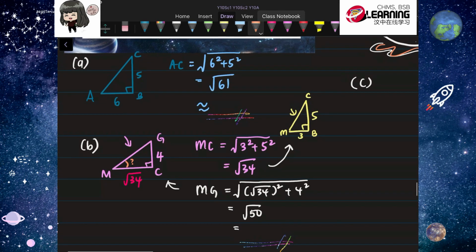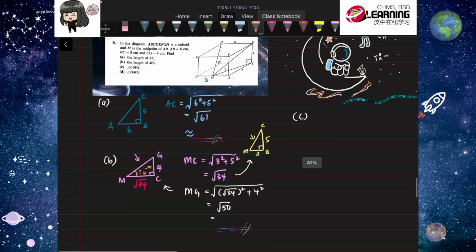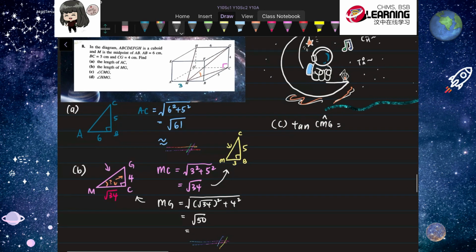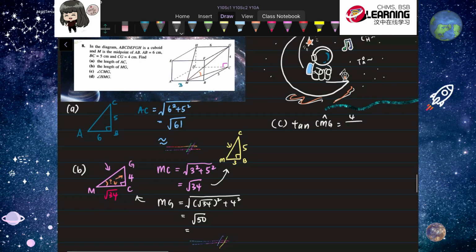We have opposite, adjacent, hypotenuse, SOHCAHTOA, up to you which you want to use. But I use tan because I have opposite and adjacent. So GMC or CMG is the same. Angle CMG, tan opposite over adjacent.